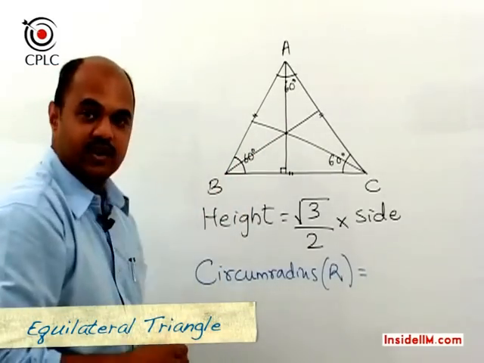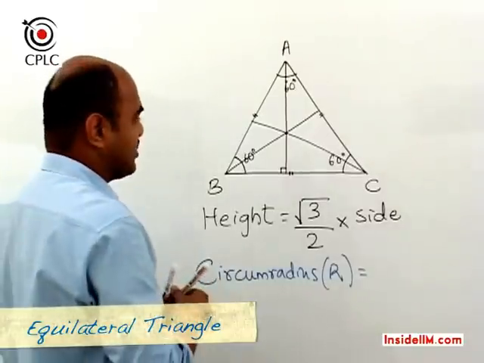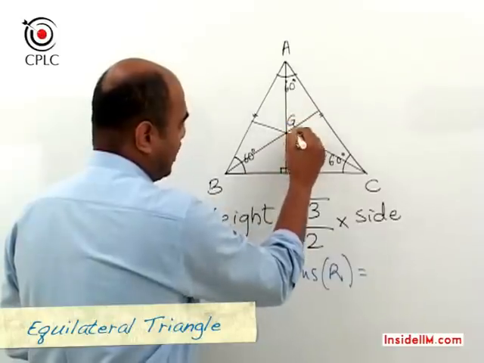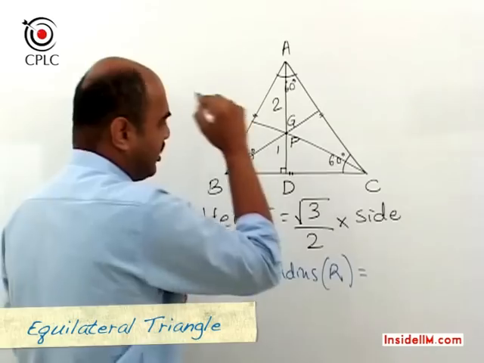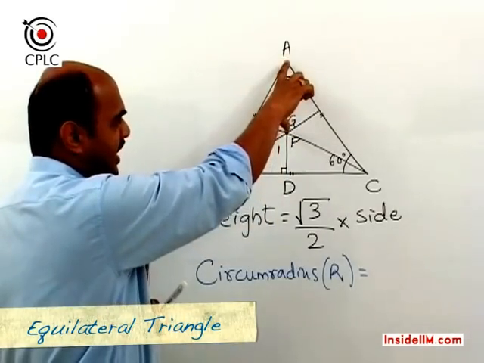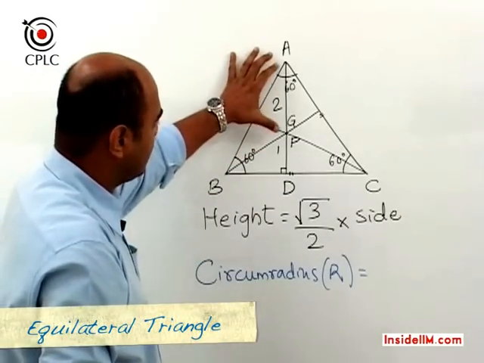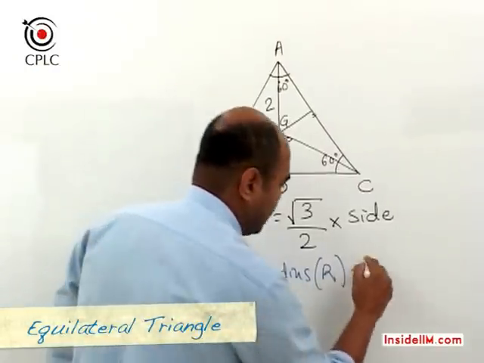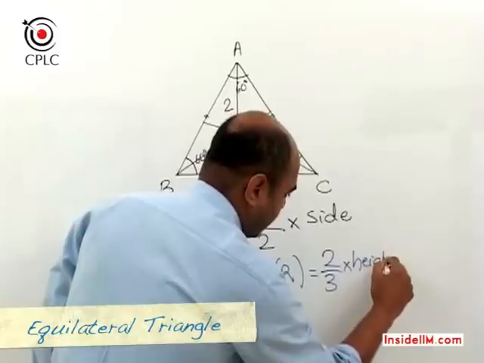Now, in an equilateral triangle, since the centroid is the same as the circumcenter, we know that this point, which is the centroid and the circumcenter, divides AD in the ratio 2:1. And hence, if GA is the circumradius, then it would be nothing but 2/3 of the height, and hence the formula for circumradius is 2/3 of the height.